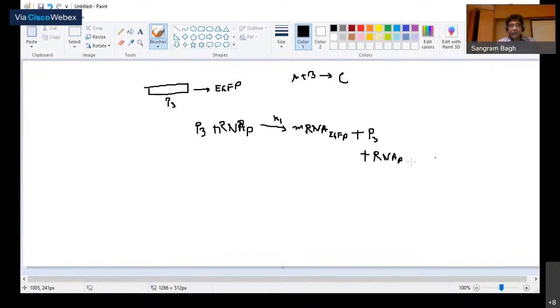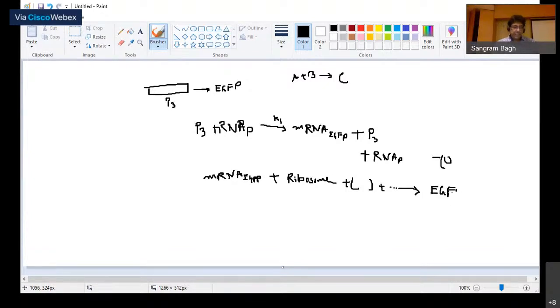Now you have an mRNA for EGFP, and this goes with ribosome plus a lot of other things, tRNA and so on, and gives you an EGFP protein.